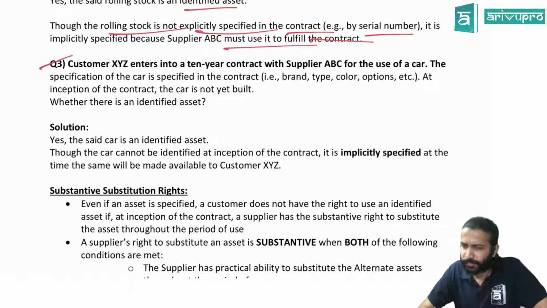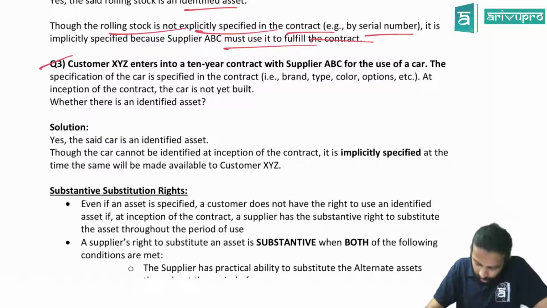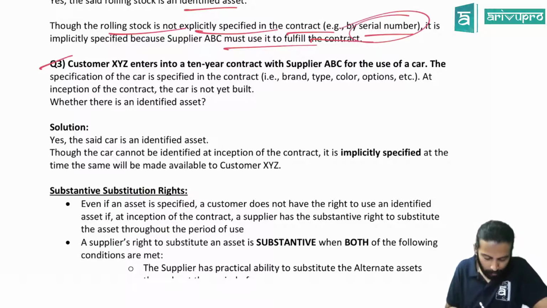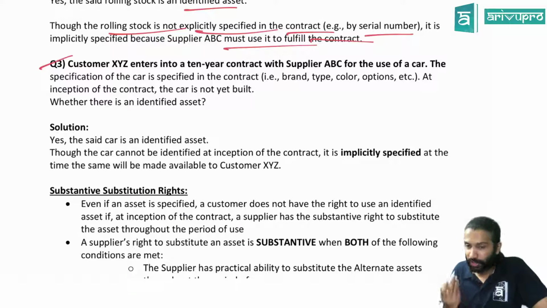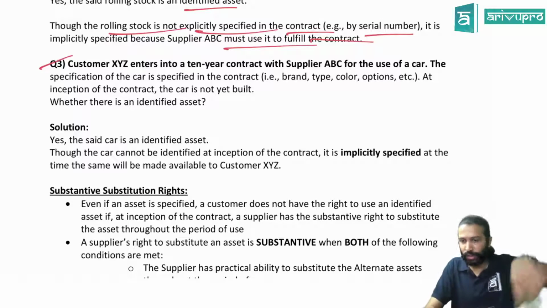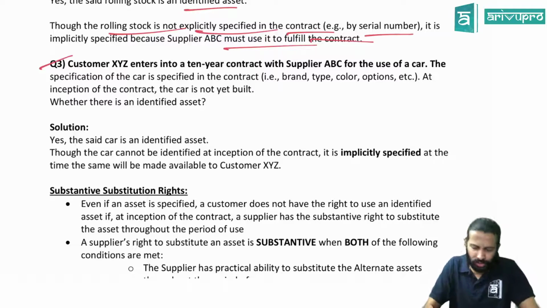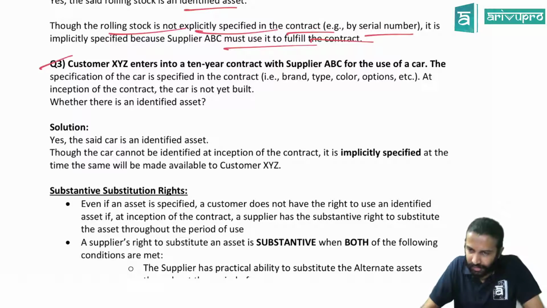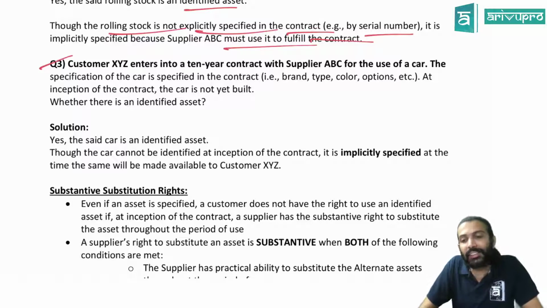If the asset did not have any serial number mentioned in the contract and it was not customized, then in that case you'll have to check this SSR. If the serial number is also not mentioned, and it is not customized, meaning it's your regular one among thousands of rolling stock which the lessee is taking on lease, then is it identified or not?